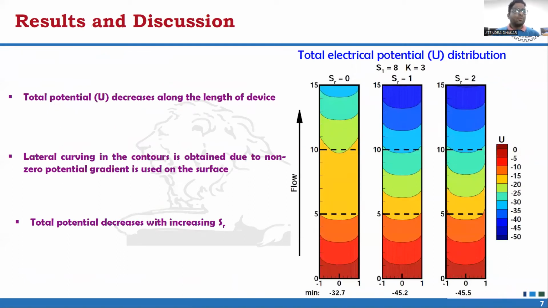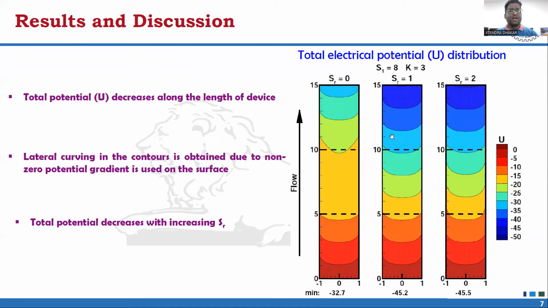After simulating the flow problem, we get the results in terms of total electric potential, excess charge, induced electric field strength, and pressure fields. Here, total electric potential distribution along the microfluidic device for various surface charge ratio SR 0, 1, and 2, and S1 equals 8 and K equals 3.